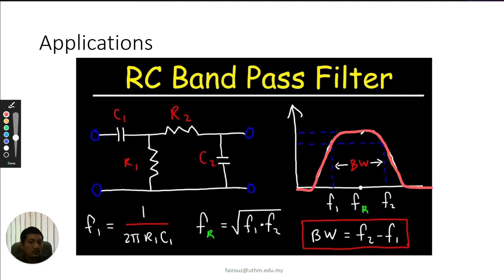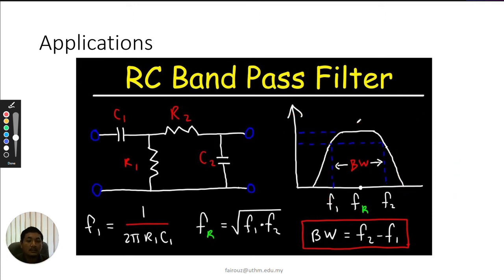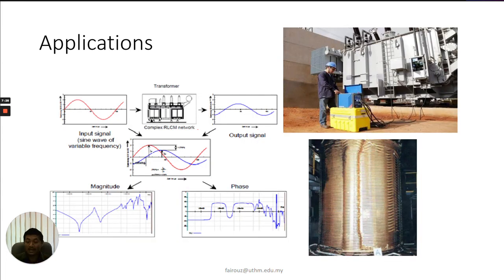The signals or frequencies in this area will be blocked or eliminated, but the circuit only allows frequency signals in this area. That is to pass or allow a certain range of frequency, and to eliminate or remove frequencies outside this region. So this is the frequency response that we need to look at in order to design this filter.